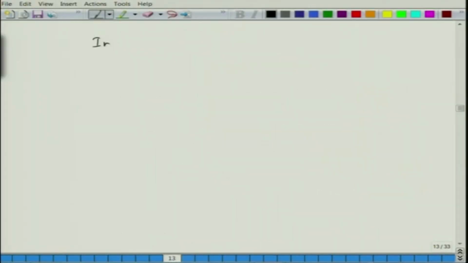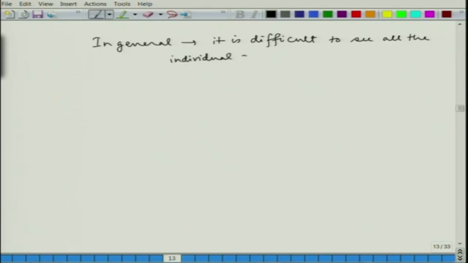So, in general it is difficult and often not necessary as well to see all the individual reflectors. That means, all these different objects, we do not need to count.